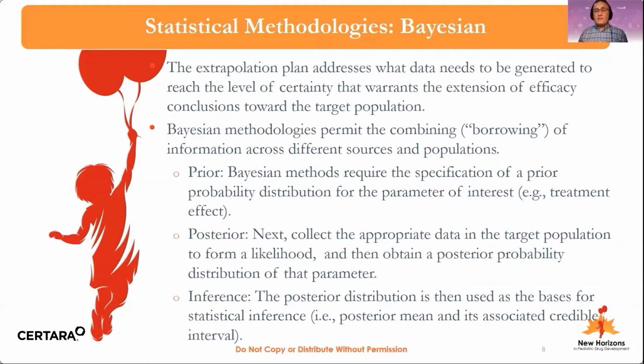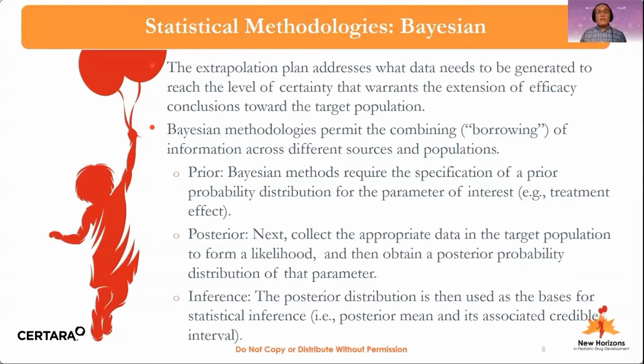The Bayesian statistical paradigm is natural with extrapolation, as it permits the combining, otherwise known as borrowing, of information across different sources, such as the adult and the existing pediatric data.